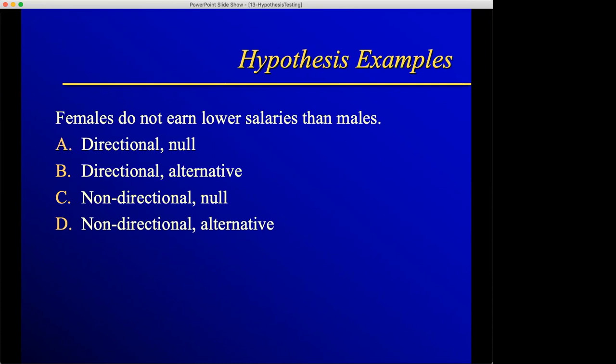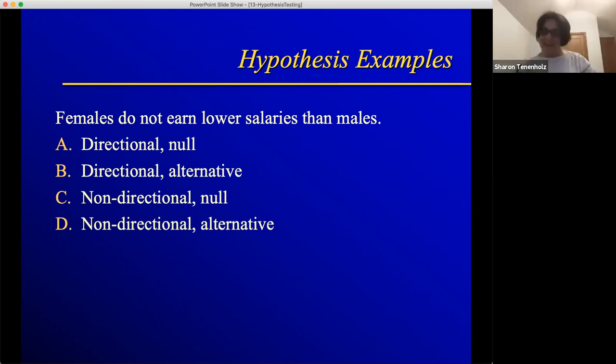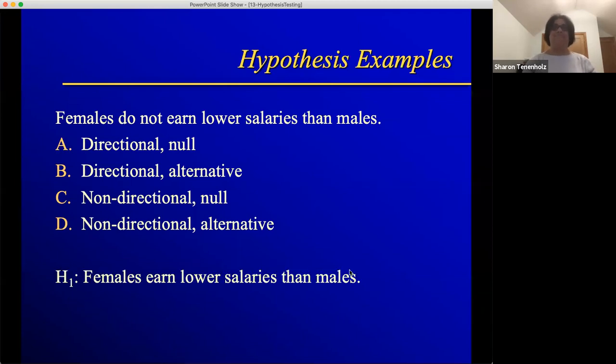Females earn lower salaries than males. Thank you, Skylar. Exactly. Females earn lower salaries than males. Either they do not or they do. One of those two things has to be true. So those hypotheses are perfectly complementary.